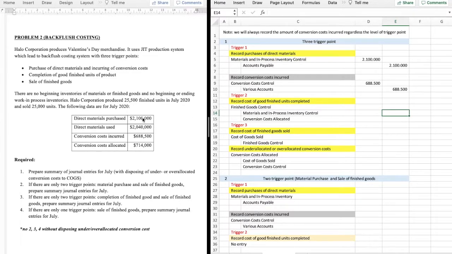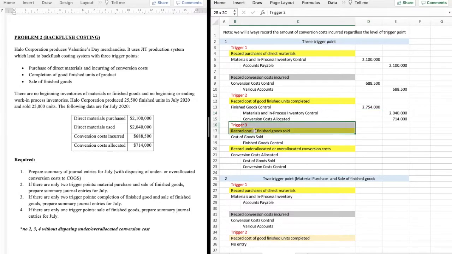That is why we have the information that the direct materials used here is only 2040. And for the conversion cost, we are not going to use the conversion cost incurred, but the conversion cost allocated here. So this is 714. And the finished goods control is the sum of the materials and the conversion cost. So we have finished goods control of 2.754.